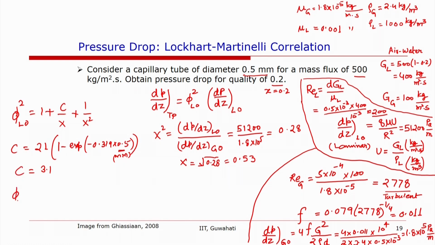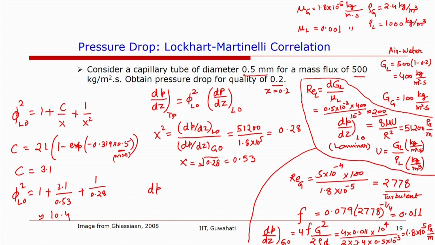So phi LO squared is equal to 1 plus 3.1 divided by 0.53 plus 1 over 0.28, and this comes out to be about 10.4.